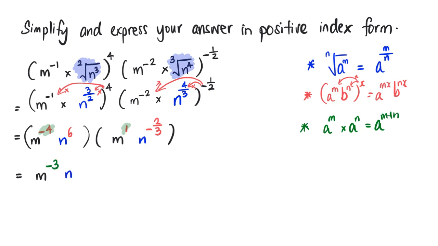As for my n, 6 plus -2 over 3, this will give me, in improper fraction, 16 over 3. And last but not the least, lastly, we do have to apply the last law for this particular problem, because I do see a negative power here.